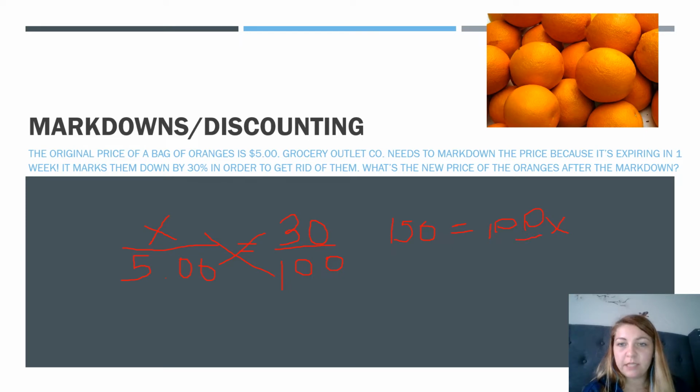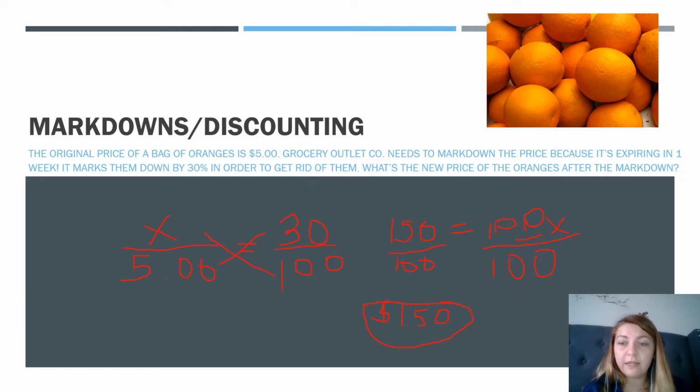We divide both sides by 100, and x equals $1.50. Okay, so here we go, $1.50.